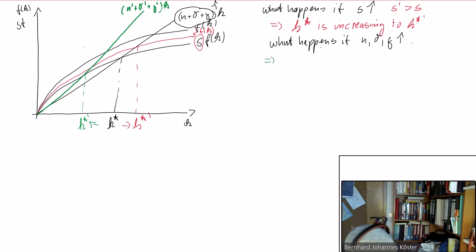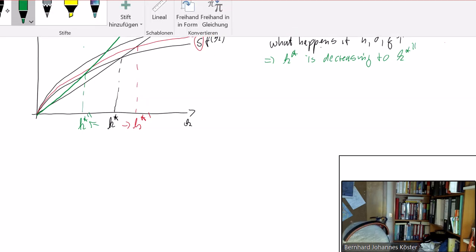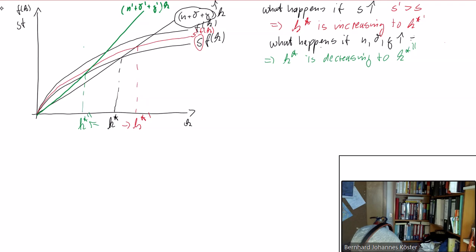So then k star is decreasing to k star double prime, and here we write n prime larger than n, delta prime larger than delta, and g prime larger than g.